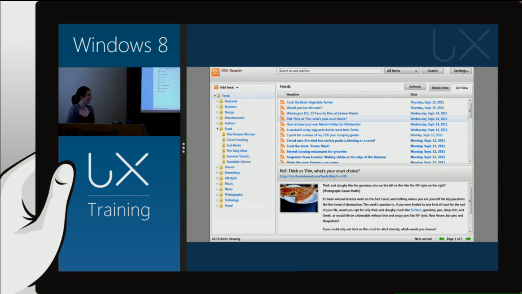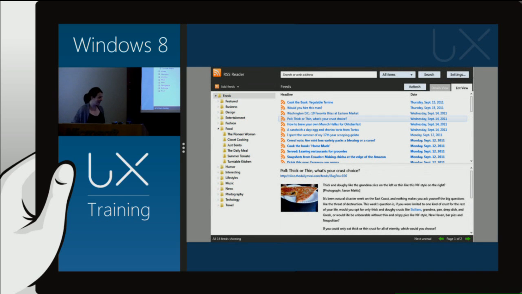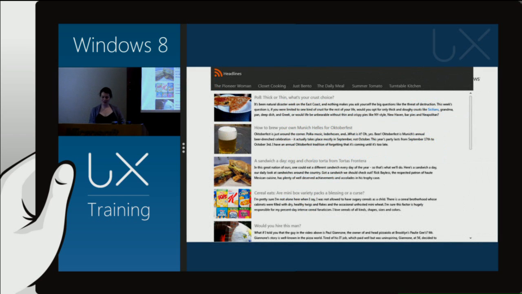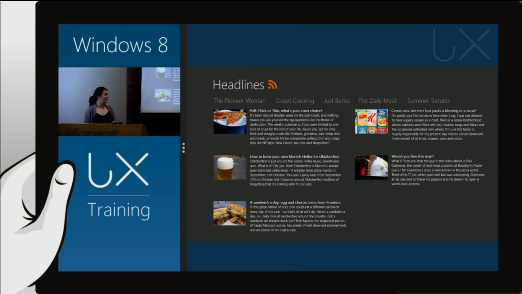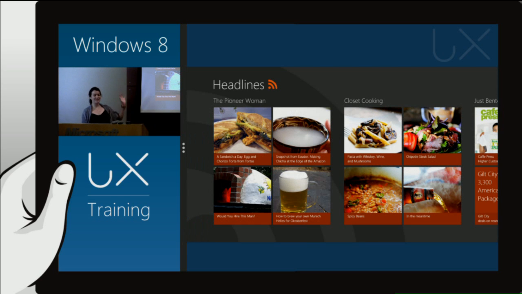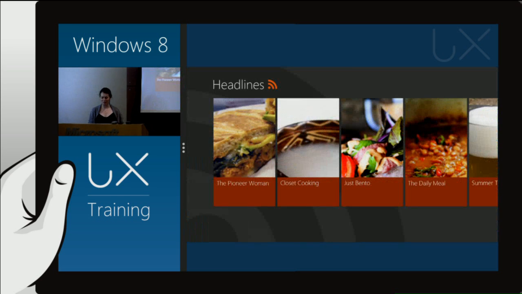So let's go back to our much loved RSS reader. As a reminder, the principles we walked through today were around leveraging a lot of the Metro design style principles around reductionism and removing chrome, embracing things like removing tabs and not having consistent wayfinding chrome, and leveraging things like semantic zoom and charms.